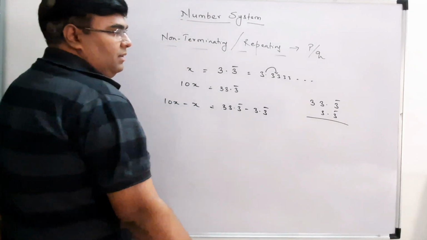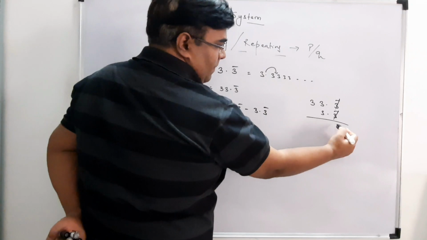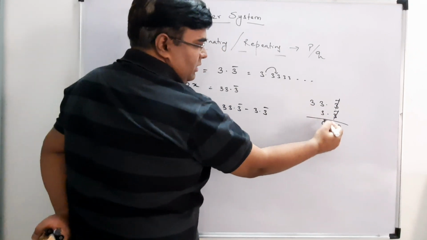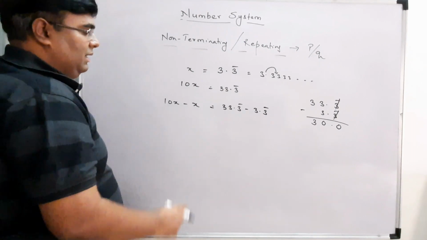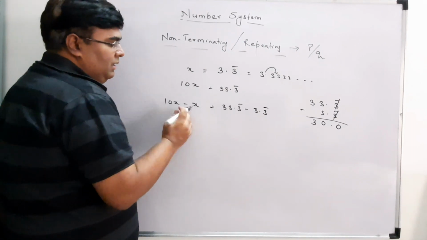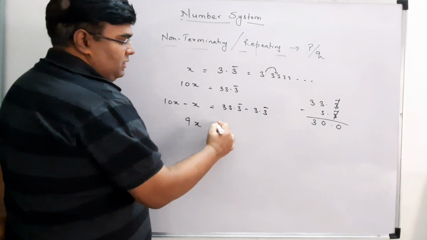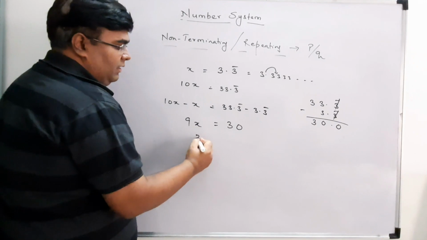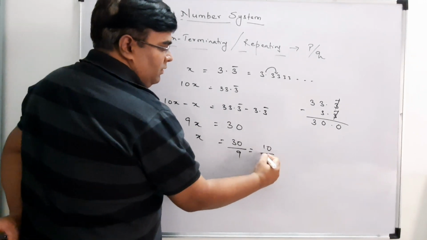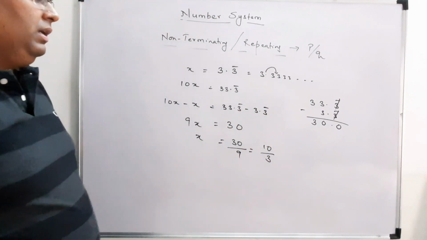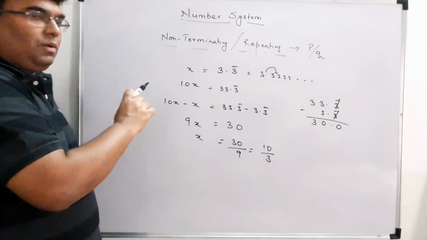If you subtract it, this part will get cancelled, 0, and then 3 minus 3 again 0, you will get 30, right? And in the left hand side 10x minus x will give you 9x. So 9x is equal to 30. Finally x is equal to 30 by 9. Reduce it to standard form, you will get 10 by 3, right?